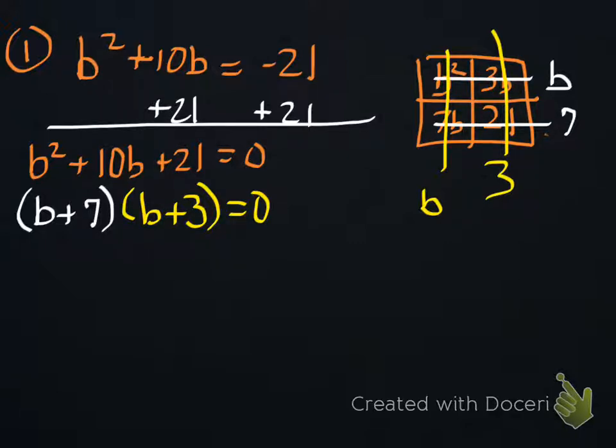We're going to use something called the zero product theorem. If I have two things being multiplied to equal 0, what does one of those two things have to be? A 0. Either b plus 7 is 0, or b plus 3 is 0. And so we are going to solve for what it would be for either one of those to be 0.